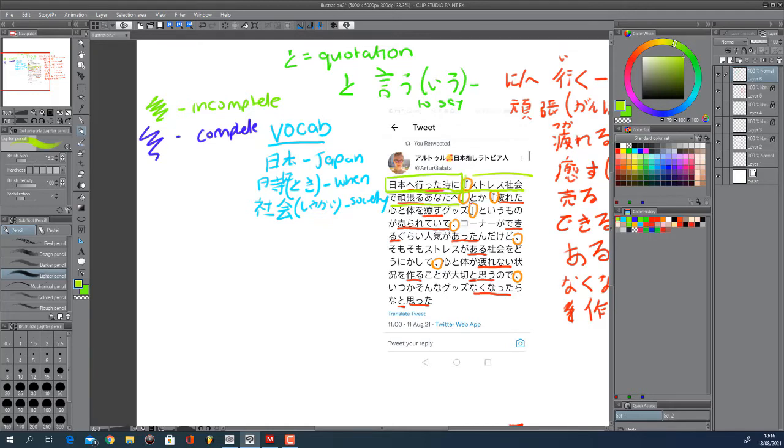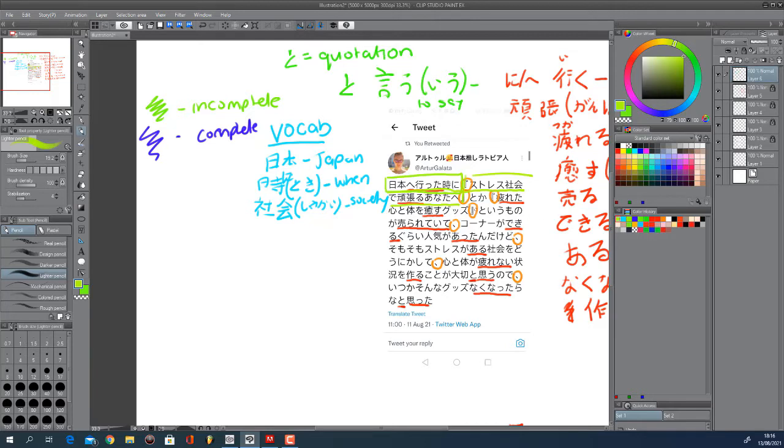So we have then toka, which means such as. So we have an incomplete clause, tsukareta kokoro to karada o iyasu guzu. So tsukareta kokoro, again the same way, the verb precedes the noun. So we have tired mind and I guess tired body to heal.